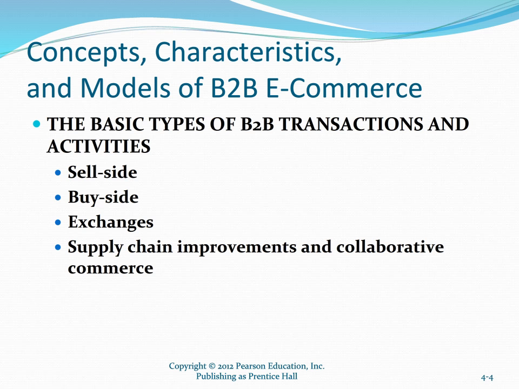There's exchanges, in which there are lots of sellers and lots of buyers. And then there's supply chain improvements and collaborative e-commerce, which includes activities other than buying and selling. It includes things like improvements in supply chain, communication, collaboration, sharing of information, and things of that nature.